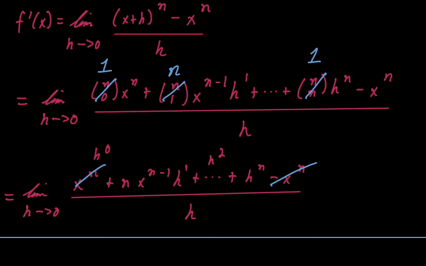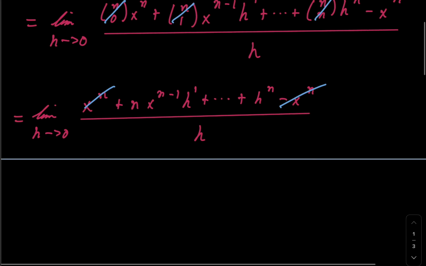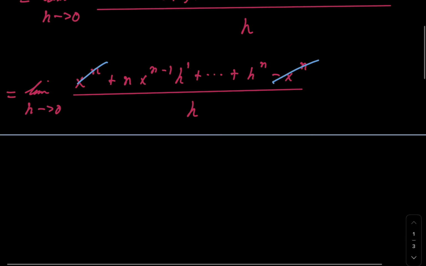So all of these terms, except for the first term, have at least one factor of h, because remember, h to the 0 is just 1. So we can get rid of this, and let's get rid of this too. Let's reduce each factor of h in the numerator by 1 and get rid of this h downstairs in the denominator. So let's go ahead and do that.